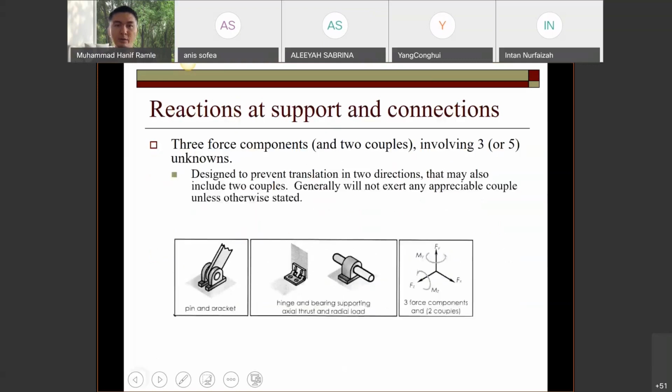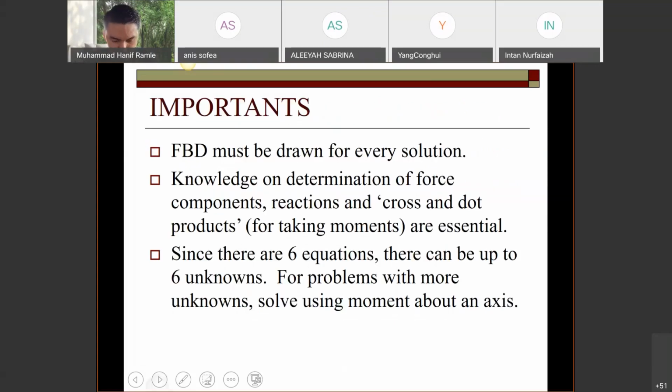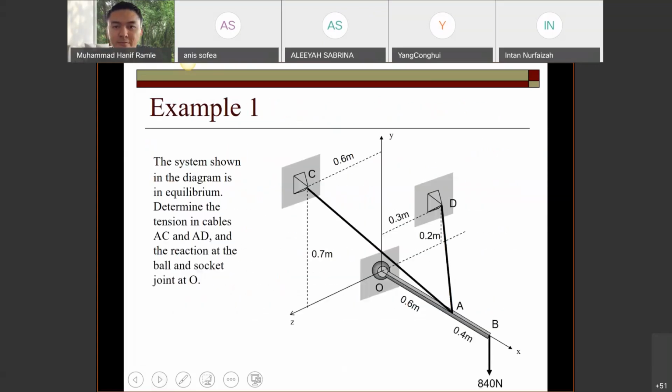Okay. Any question, guys? None from me, doctor. So to everyone, is there any question? If no, can I proceed to the example 1? Okay, let's proceed to the example 1.